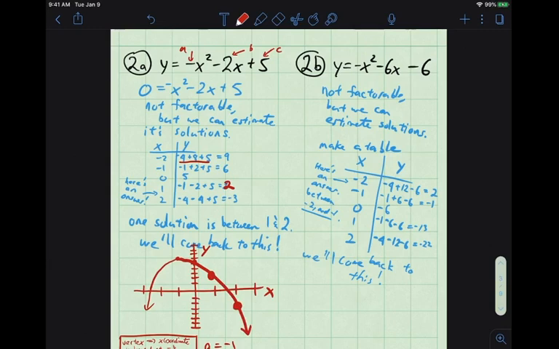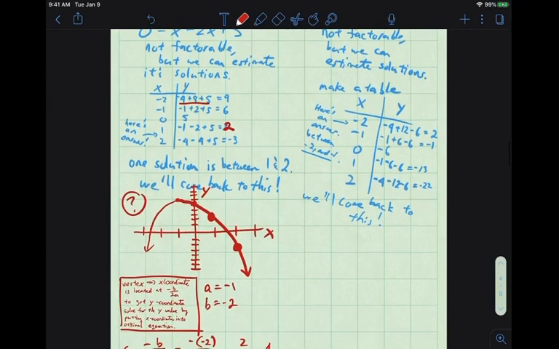But these other ones, something's wrong with this side. -2 squared is 4, minus 4, 2 minus, I don't know. I'll have to come back to this.